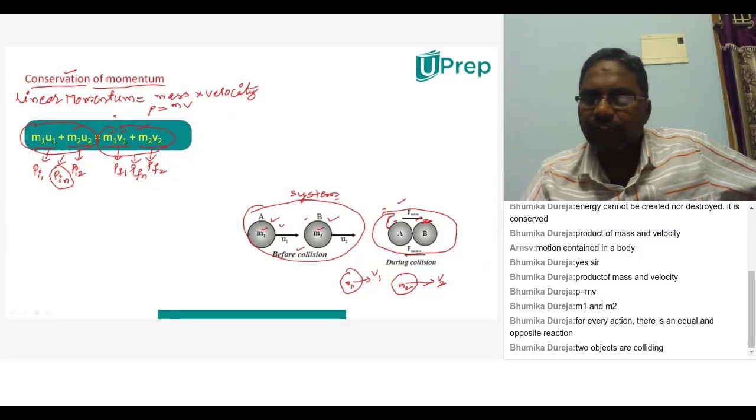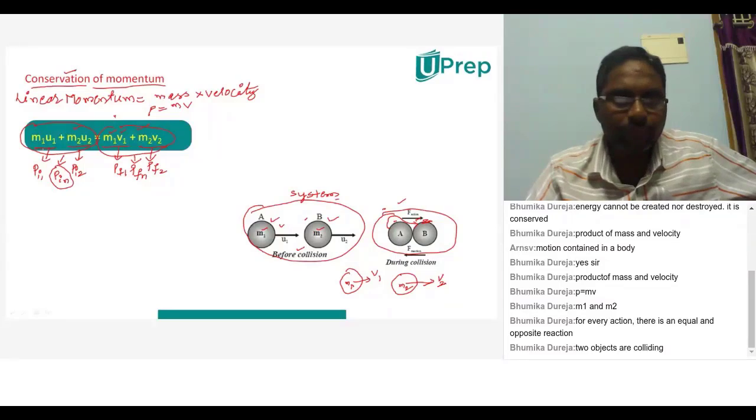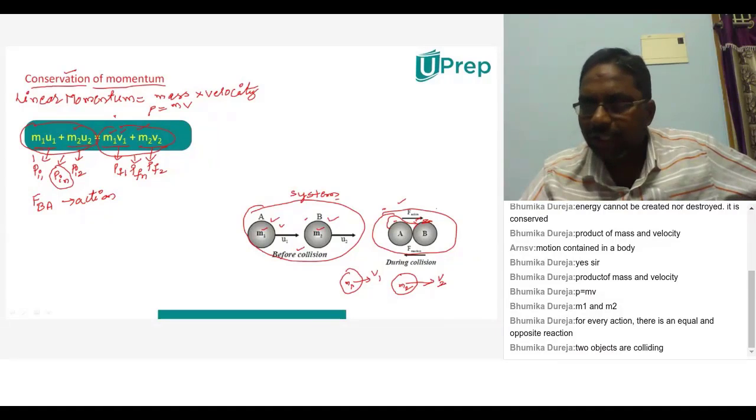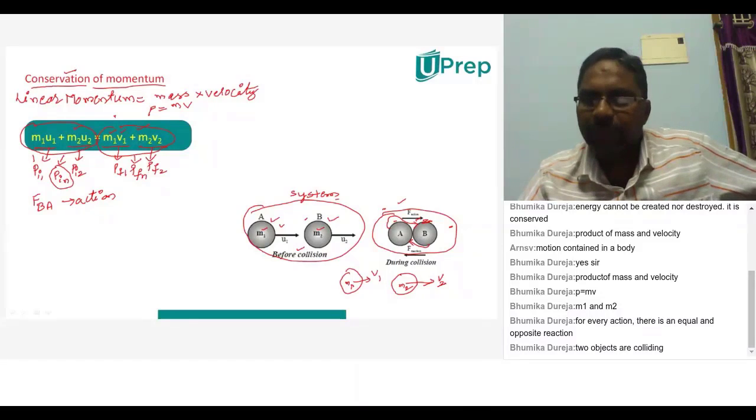This first object will apply some force on object B. So some force will be applied by object A on B. You have to understand it like this: force on B due to A. If I think of FBA as action here, then in turn this object B will also apply some force on A. That will be the reaction.